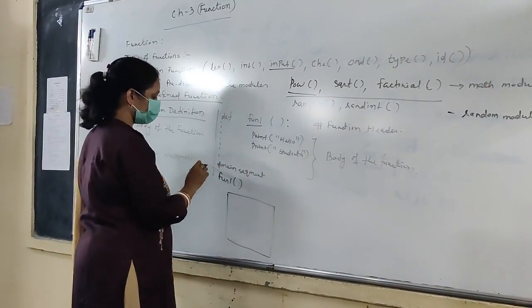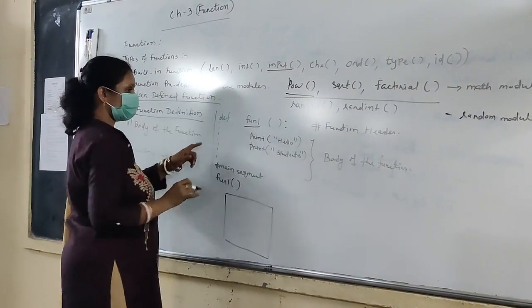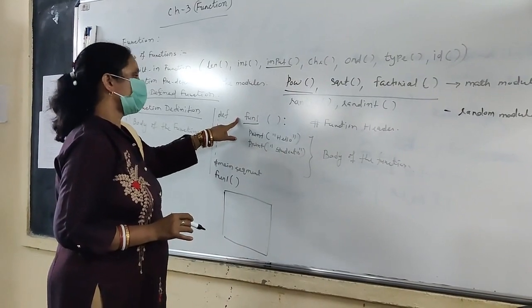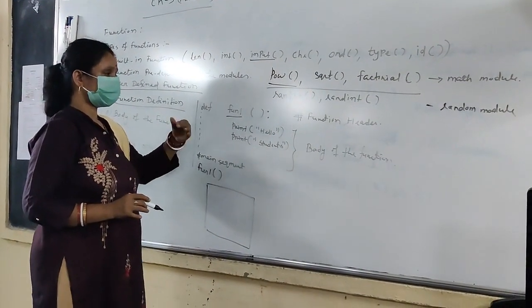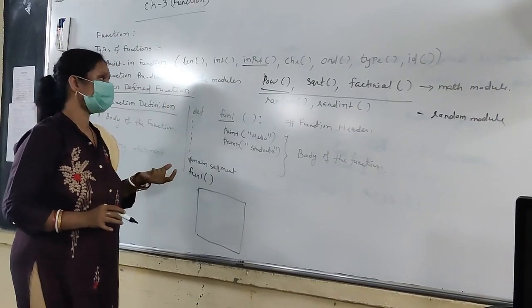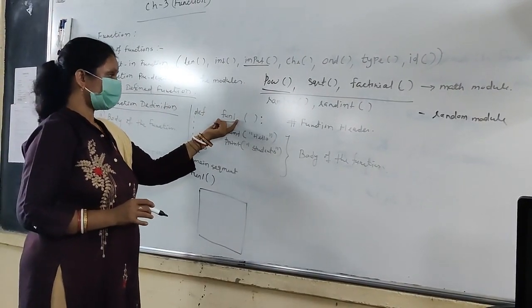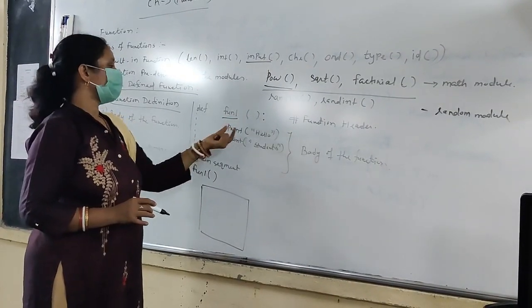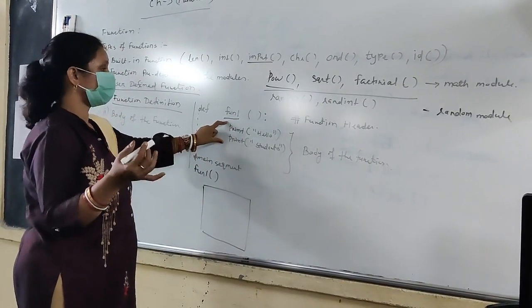So here this is the function definition part. Function definition is just prior information to the interpreter about what type of function the user has defined, what is the name of the function, whether the user has passed any arguments, and how many statements the user has written.